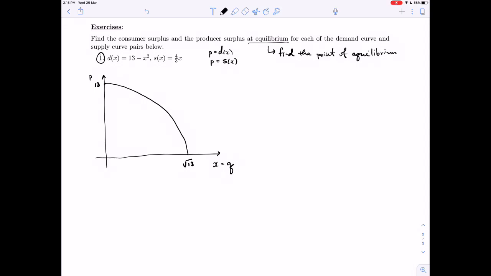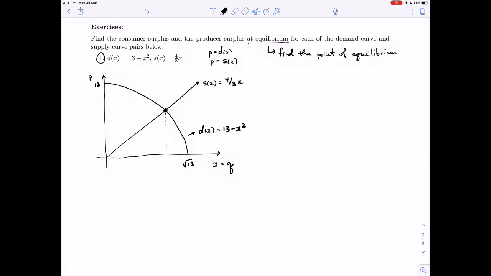The supply curve is increasing, as very often the supply curve is. And so this is S of x, which is our 4/3 x, and this guy is our demand curve, which is 13 minus x squared. And so our point of equilibrium is going to be right there.